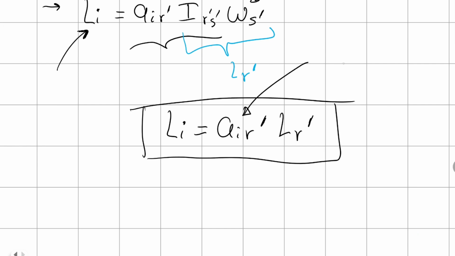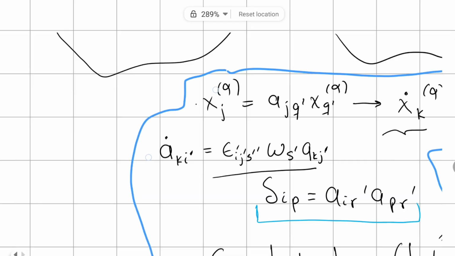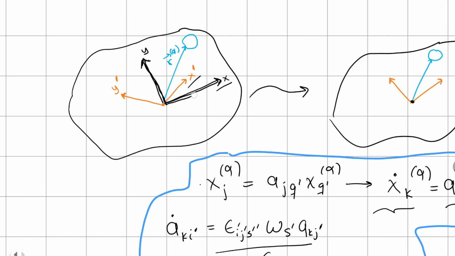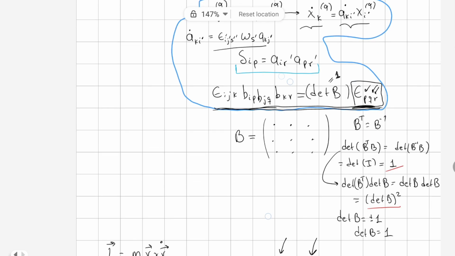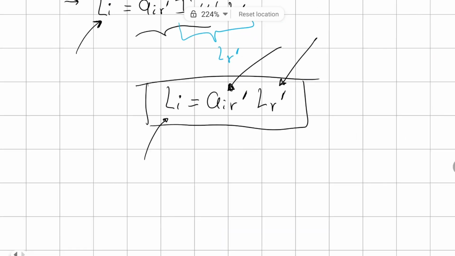So this is telling us that if we have the angular momentum in the prime basis, we just need to multiply by an element of the transformation matrix to get the angular momentum in the inertial frame, that is this one over here, the black one, the one that is not moving with the rigid body. That is very important. Perfect, so that is a good moment to finish this lesson.